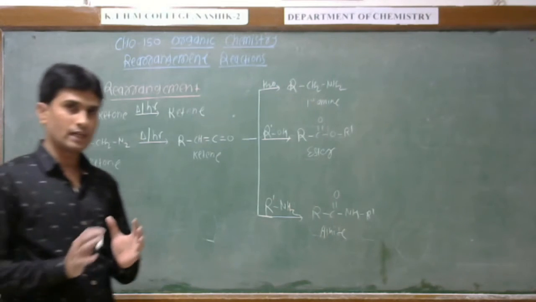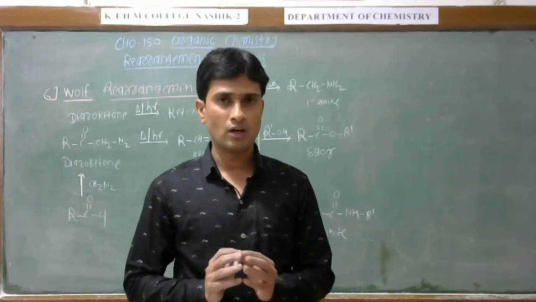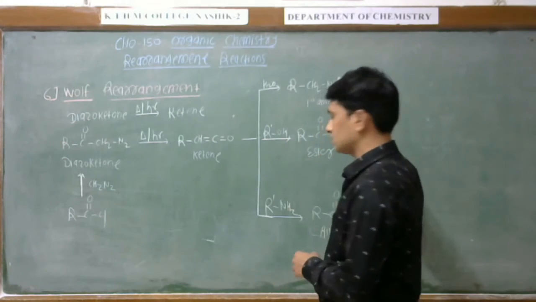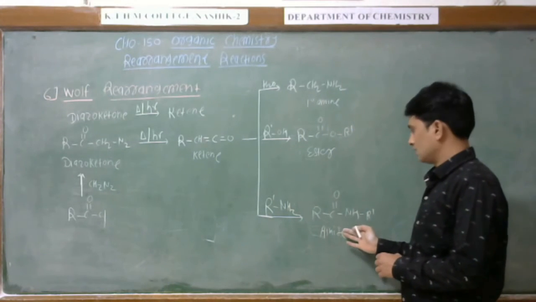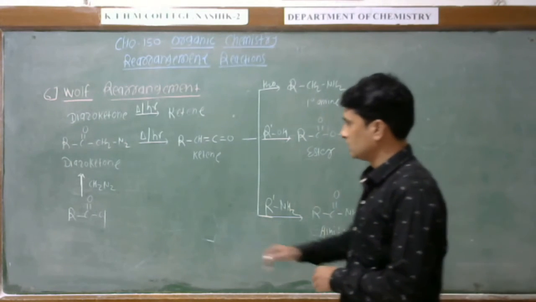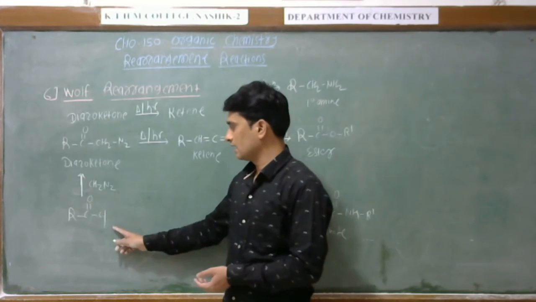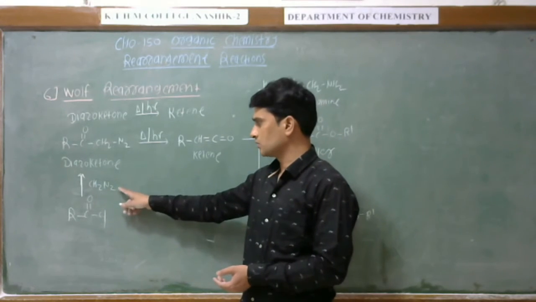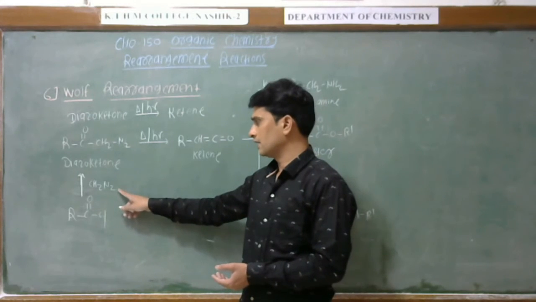So we can say that acyl compounds are converted into these three types of compounds, acids, esters and amides, by using the Wolff reaction. Firstly, the acyl halide reacts with diazomethane.